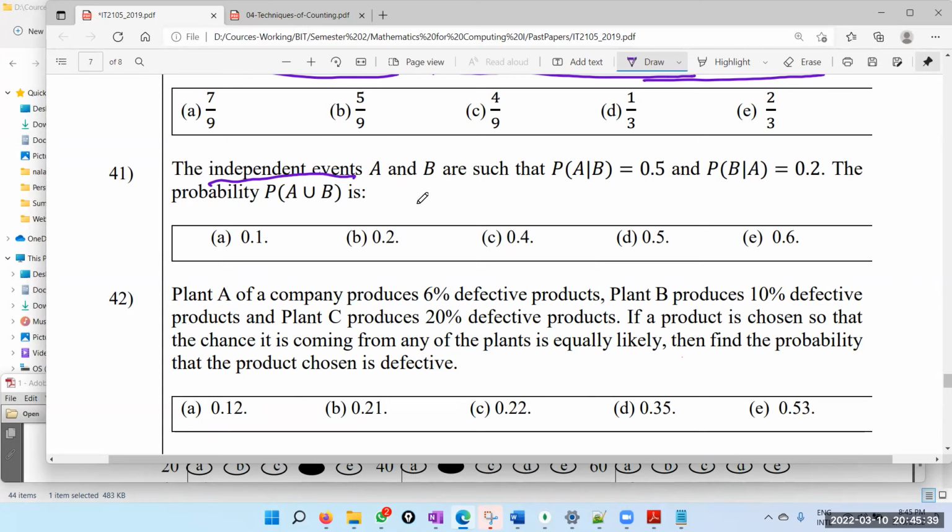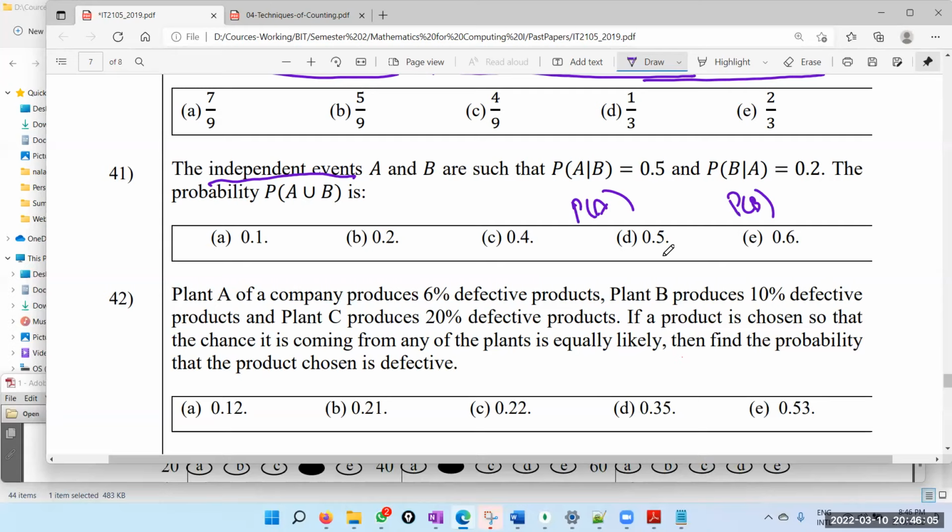A union B is A happening or B happening. So this is actually, right? If A and B are independent, yes, so this is basically P(A), right? And this is basically P(B) if they are independent. So then what is the probability of A or B?